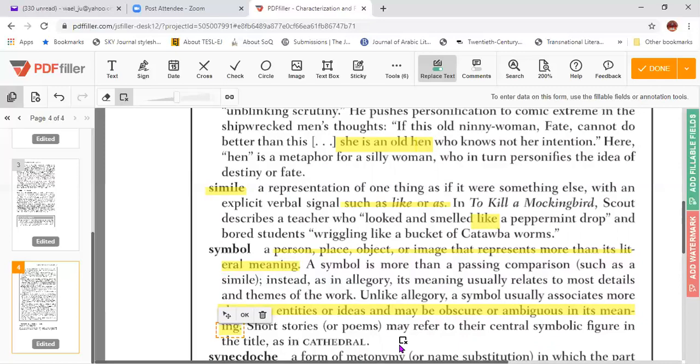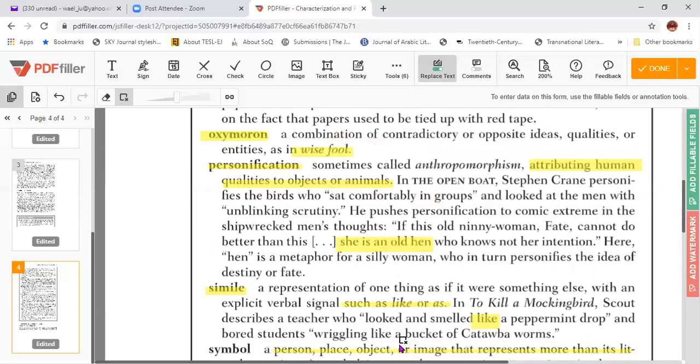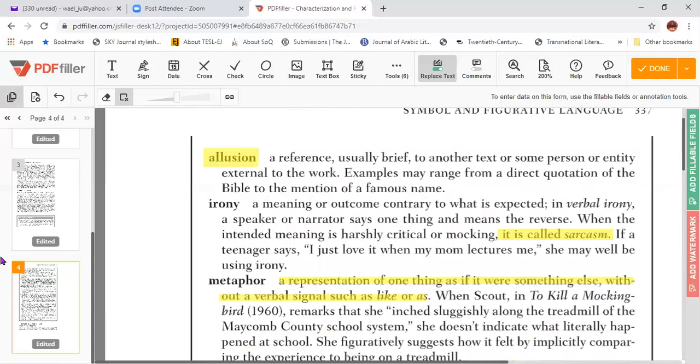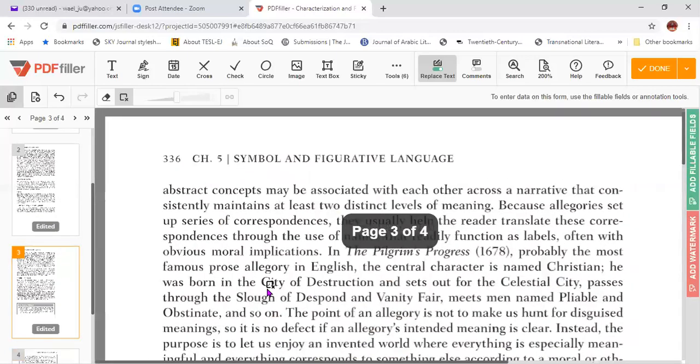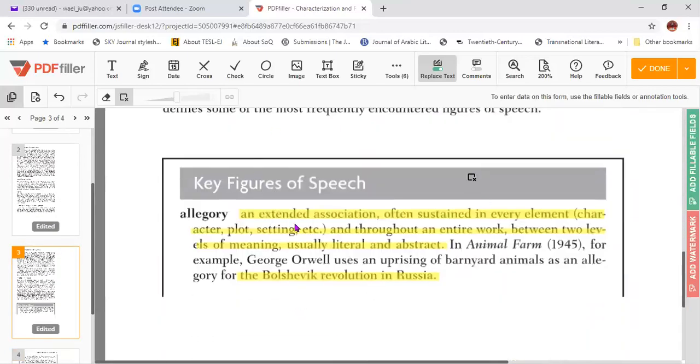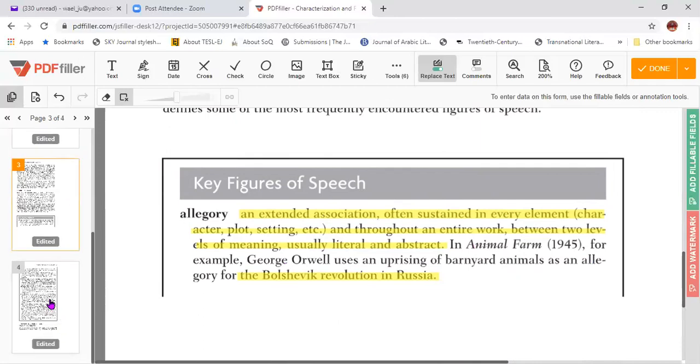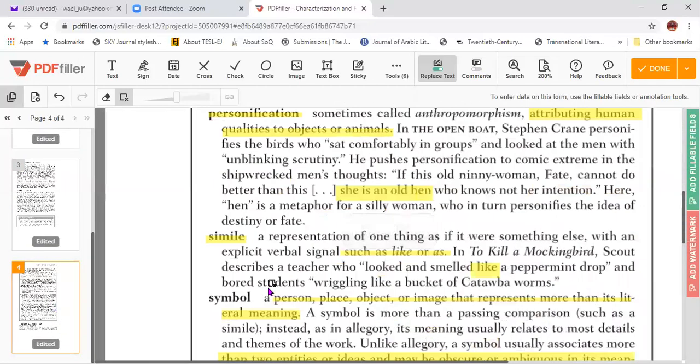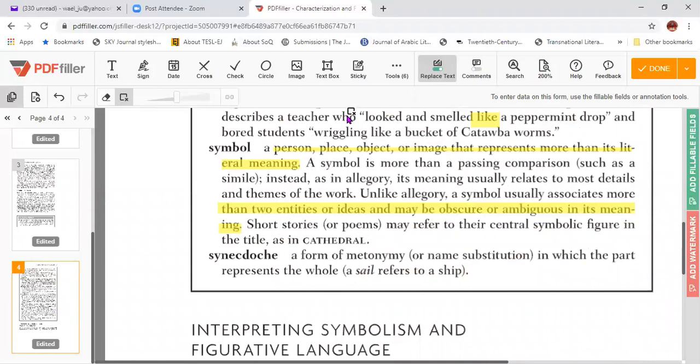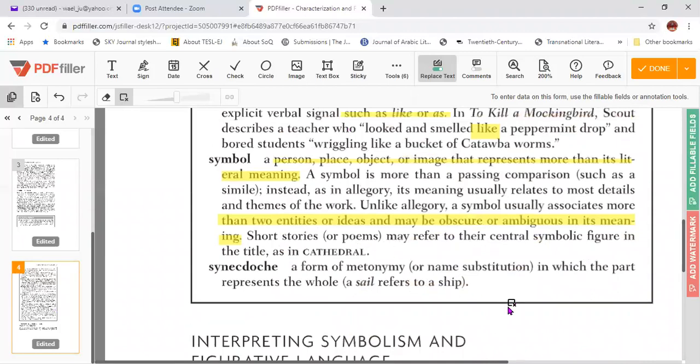For example, if you remember when we talked about Animal Farm in the previous slide, we said that the animals are symbols of human beings, and they are symbols of the Bolshevik revolution in Russia. So that's one. It refers to one meaning in the allegory, but in symbol we have several meanings that come up. So that's all for the figures of speech.